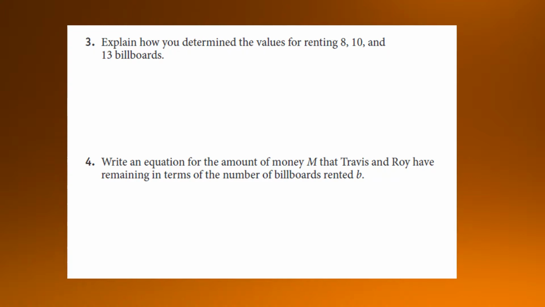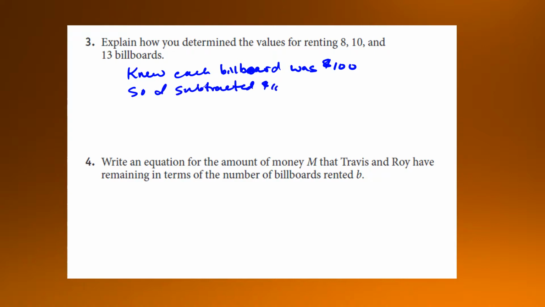I basically knew that each billboard was 100, so I just subtracted 100 for each additional billboard. So if I was doing 3 more billboards, I subtracted 300 and so on.